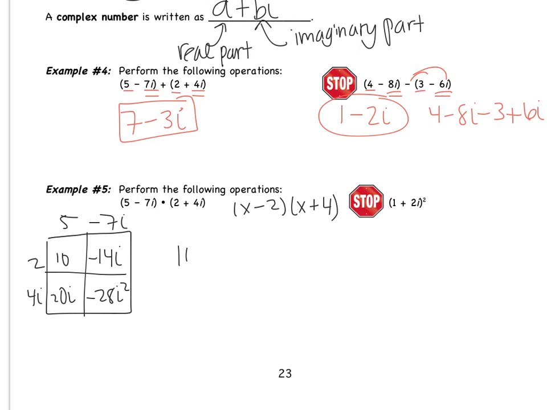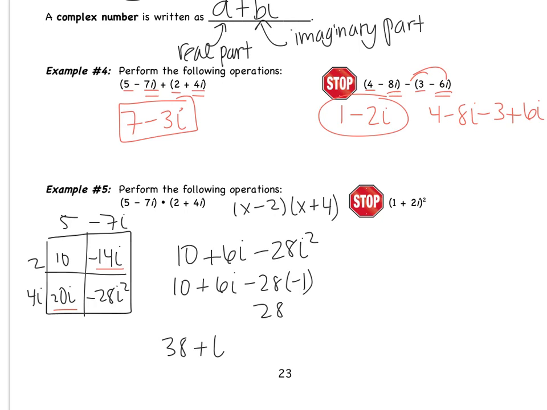So this gives me 10 plus 6i, because negative 14 and positive 20 is positive 6, minus 28i squared. Now you can't leave your answer like this. Like above, you have to substitute for that i squared. So i squared is negative 1. So this is really positive 28. 28 add 10 is 38. So you get 38 plus 6i.